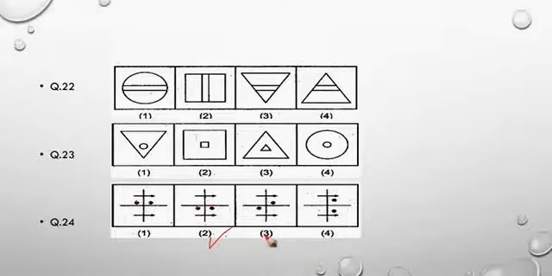In case of problem figure 3, these dots are opposite each other, whereas in case of problem figure 4, the two white and black dots are on the right side of the diagram. So on the basis of positions of these two black dots, problem figure 3 is standing out, and the answer to question number 24 is 3.